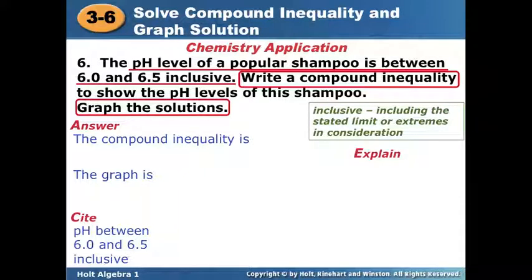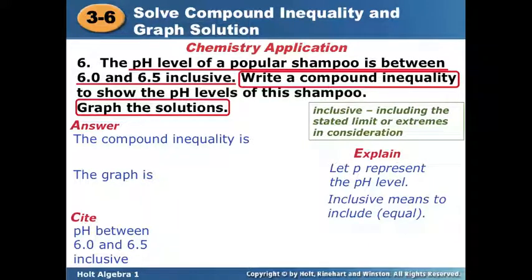There will not be much work required for this problem, so we can just do an explanation to get to our answer. Let P represent the pH level. Inclusive means to include or equal. Always explain your thinking, so because we were given the word inclusive, we need to explain what that means.